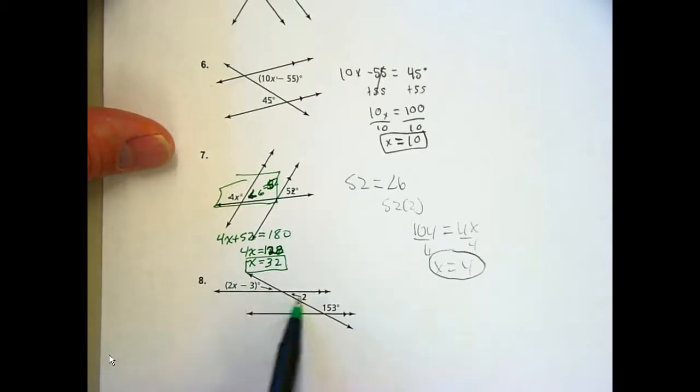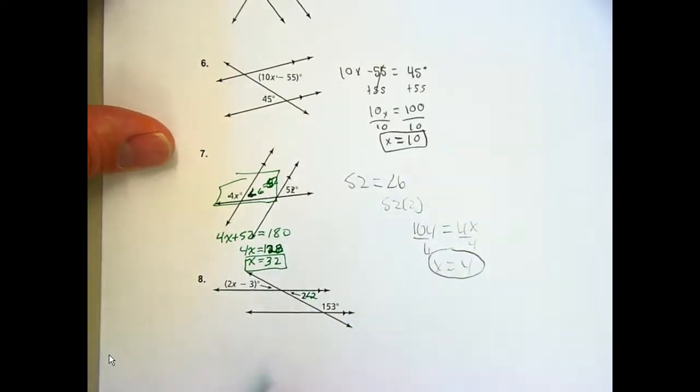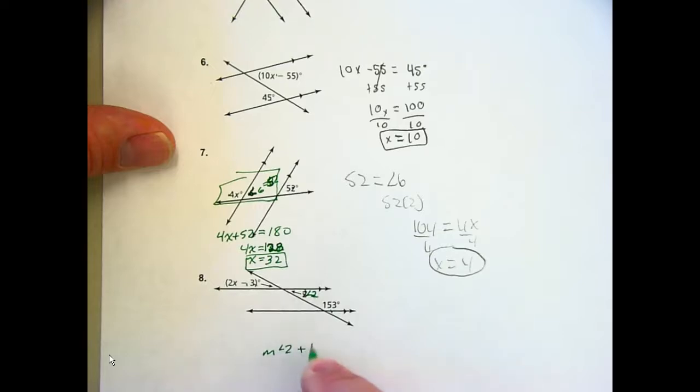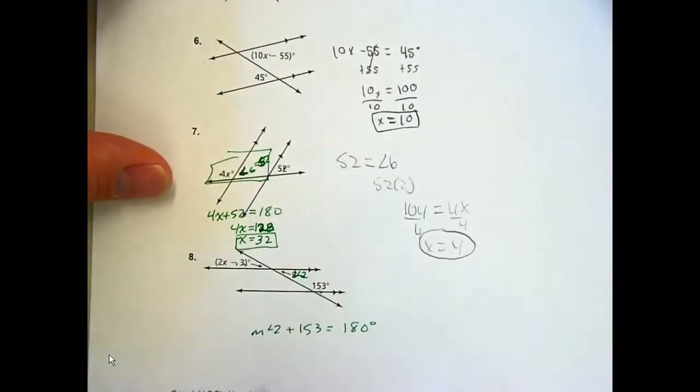And the last one here, 2x minus 3 equals angle 2. This is angle 2, remember. Okay, and 2x minus 3, we could say that these two add up to 180. So measure of angle 2 plus 153 equals 180 degrees. So those are same side interior.